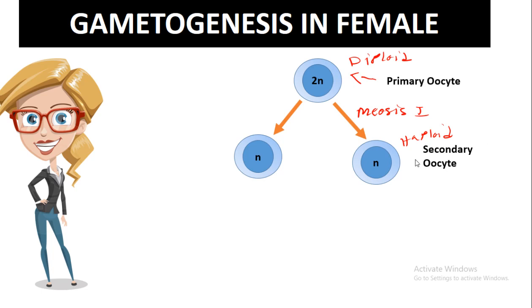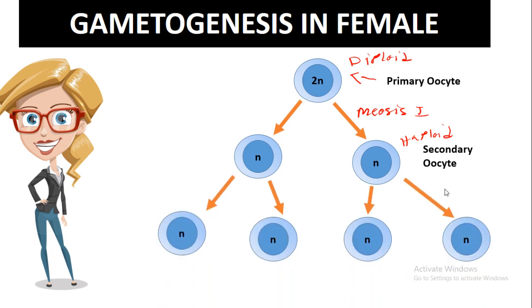So this secondary oocyte is going to undergo meiosis 2. When it undergoes meiosis 2, something strange will happen. In the male, you discover that we add 4 sperms down there.